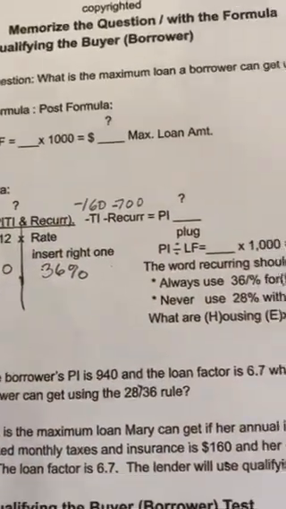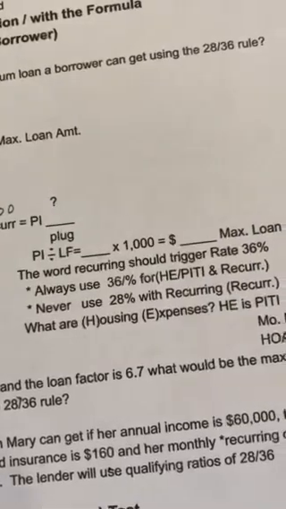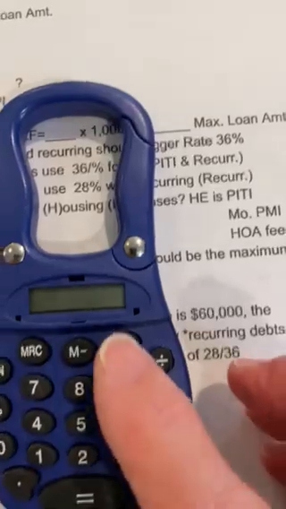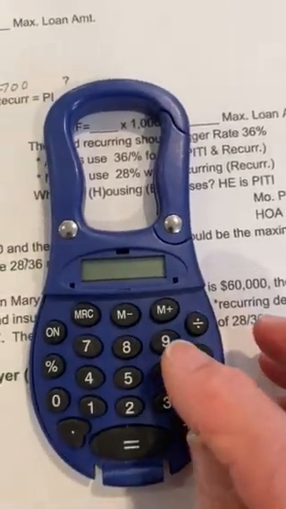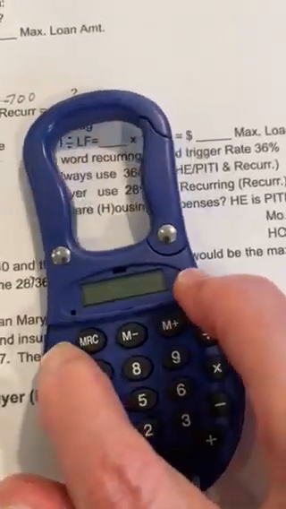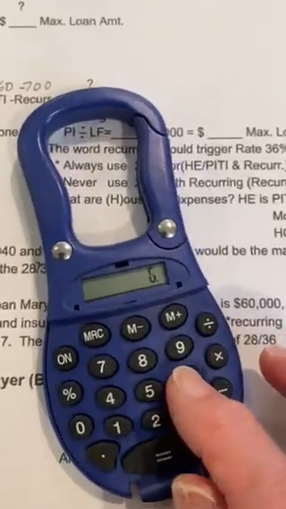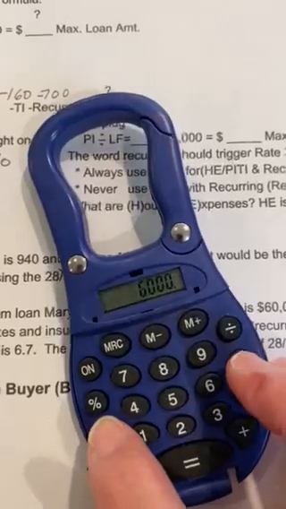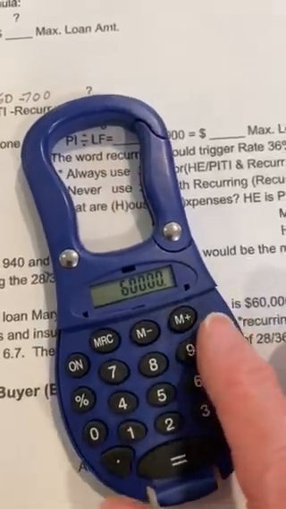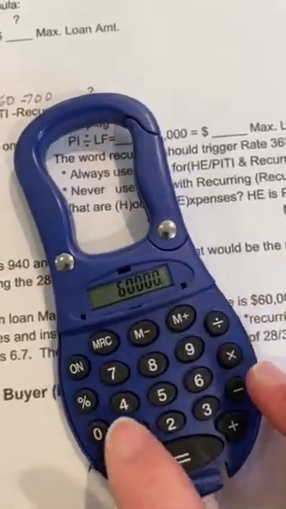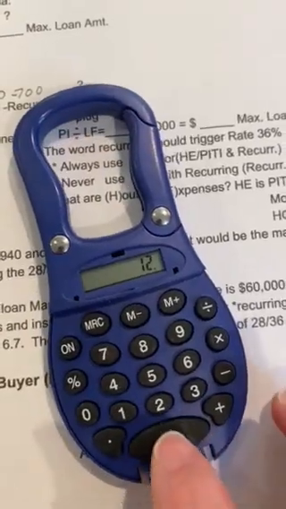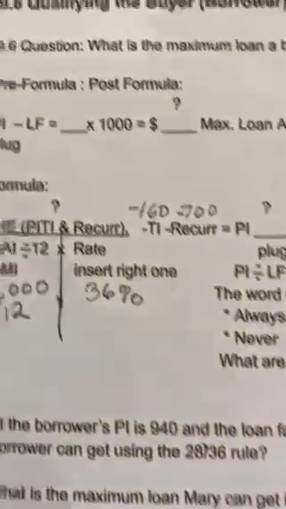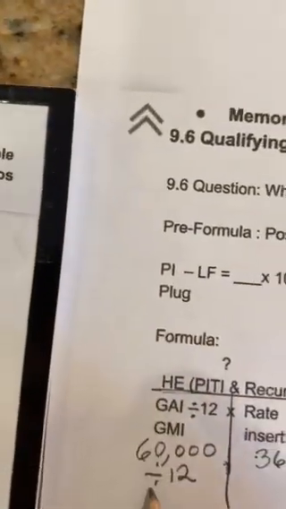And if you divide 60,000, look at our calculator. If we divide 60,000 divided by 12 equals 5,000. So now we know that that's 5,000.